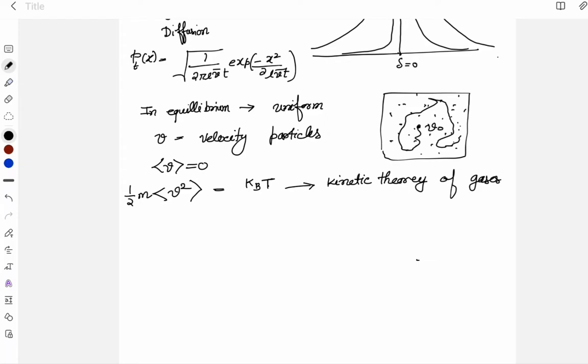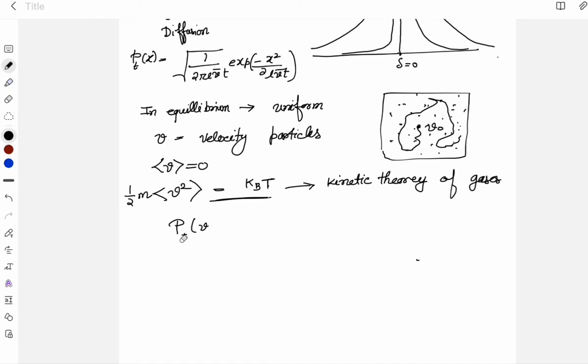Again from the central limit theorem we can say that the velocity will also follow a Gaussian distribution. Then the velocity PDF will be, since it has no time dependence in this case, we are already considering the equilibrium state.